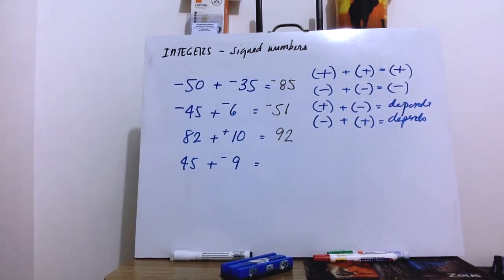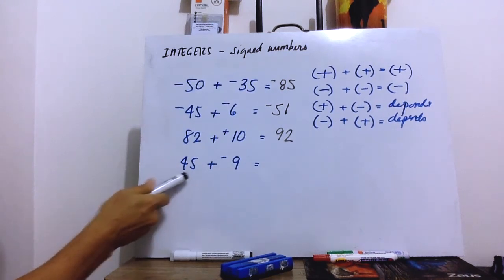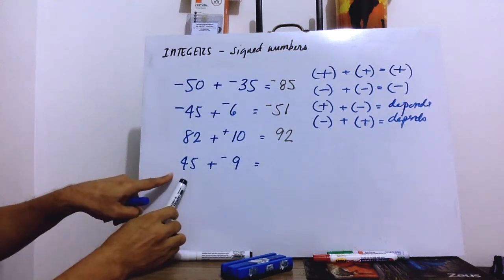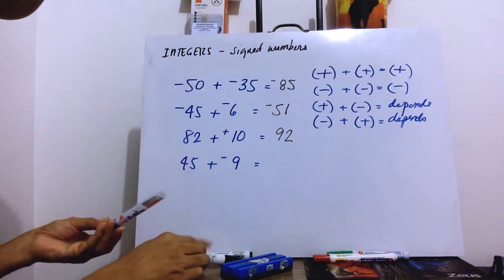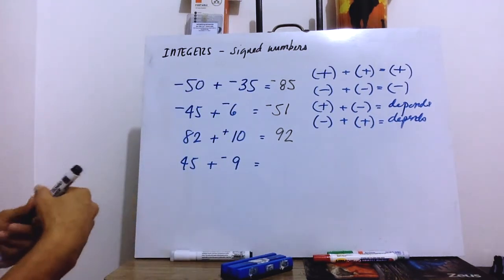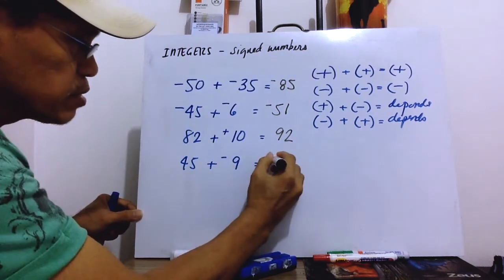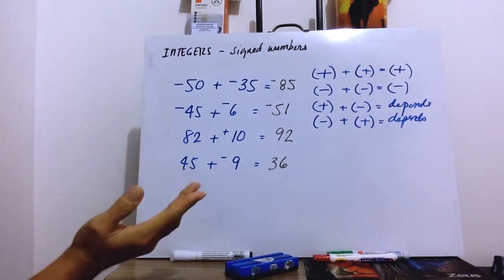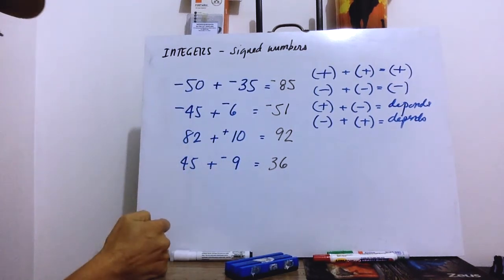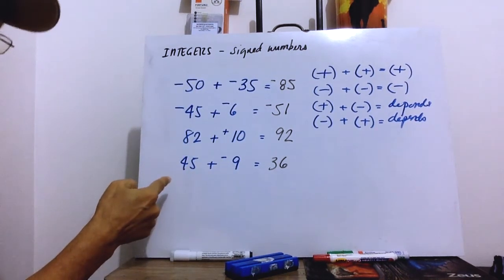Pretty easy, right? Then 45 plus negative 9. One is positive, the other is negative. Difference. What's the difference between 45 and 9? That's 36. And which is higher, 45 or 9? That number is higher.